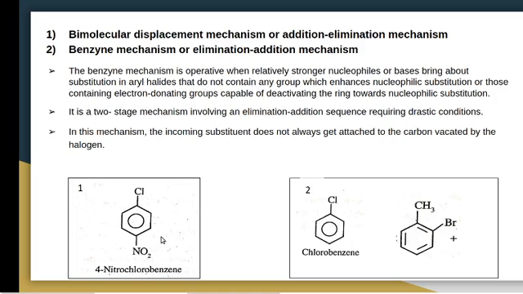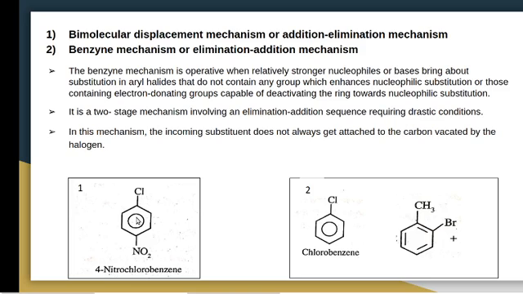So when an aryl halide contains an electron withdrawing group, that follows the bimolecular displacement mechanism. That means the electron withdrawing group withdraws electrons from the ring. So there will be an electron deficiency in the ring, which means there will be an appearance of positive charge.